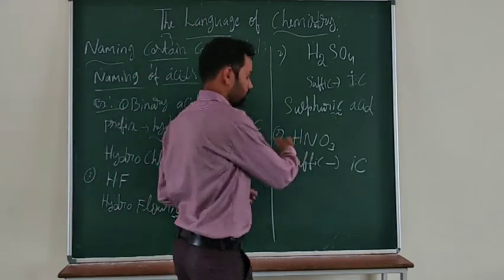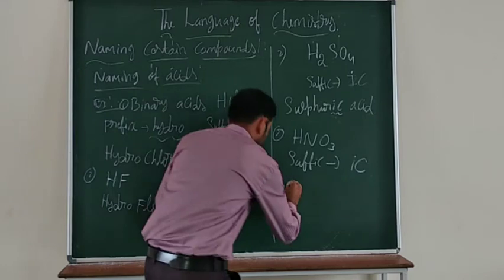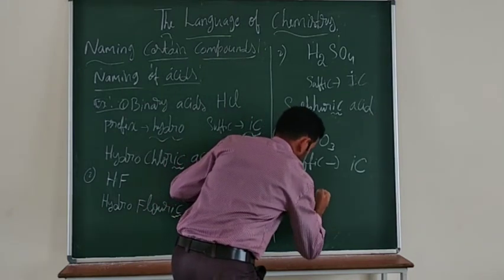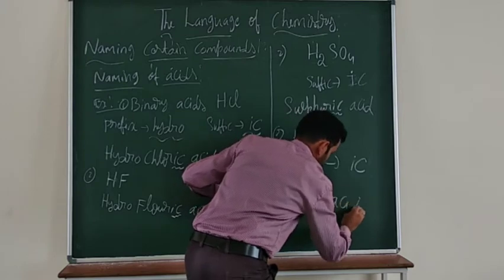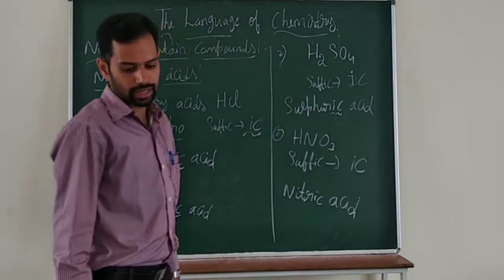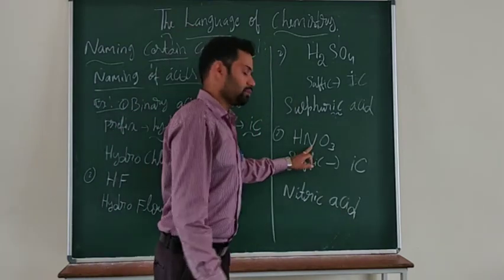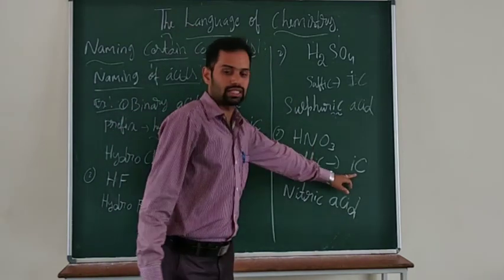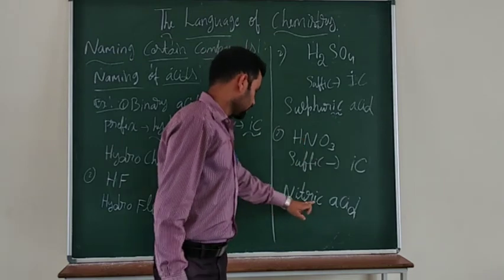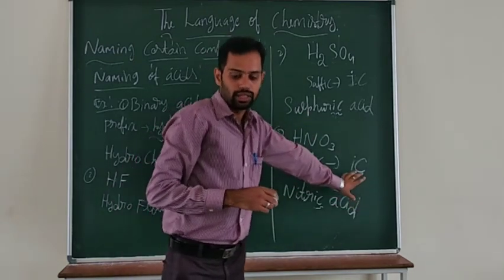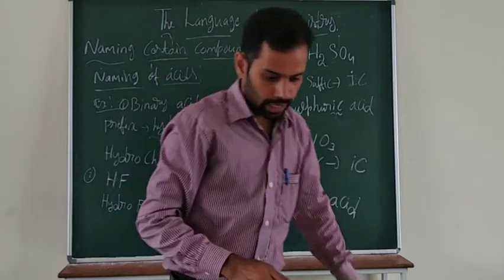What is the name of HNO3? Nitric acid. Based on the second element you start, and use suffix IC. So this is how to name the acids.